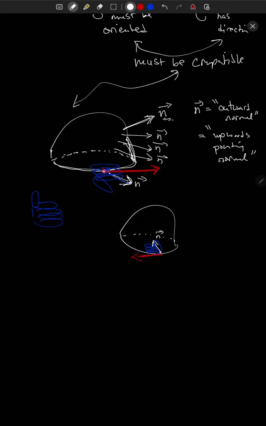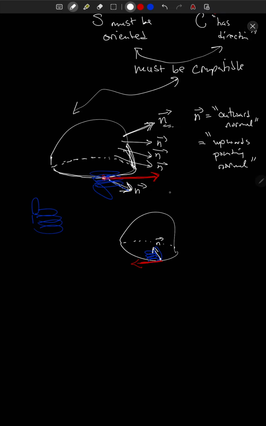Upwards means the k component of the normal vector is positive. And the implication is that the boundary is counterclockwise when viewed from above.